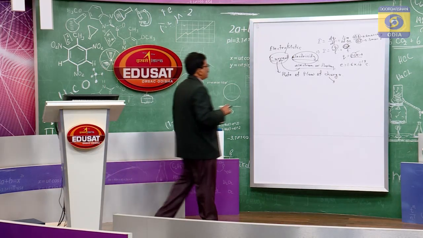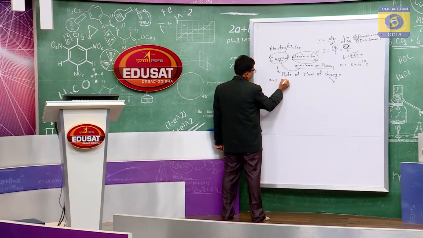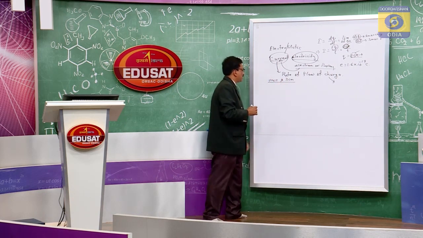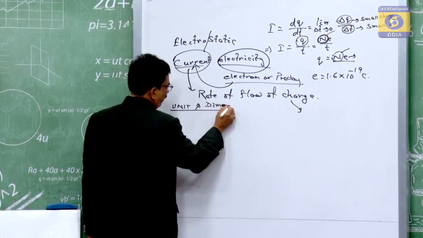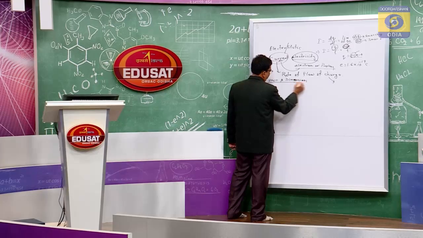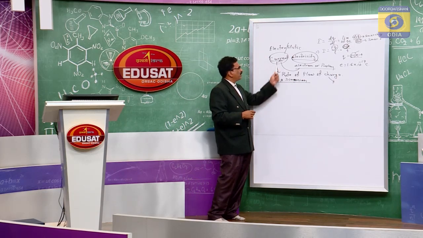And next we will discuss, if the current is there, then what will be its unit. So, now we will discuss the unit and dimension. What is the unit and the dimension of the current?